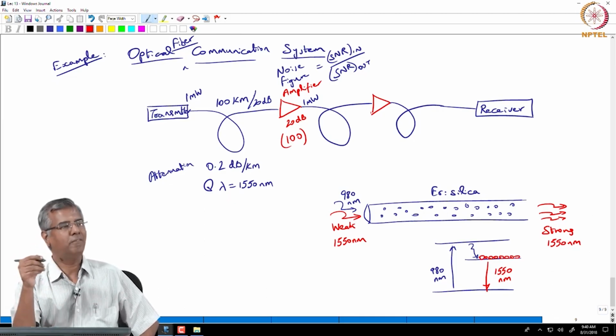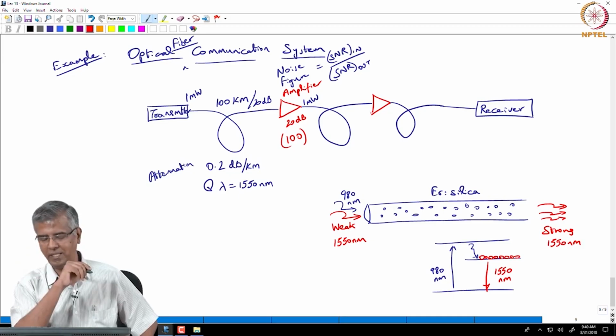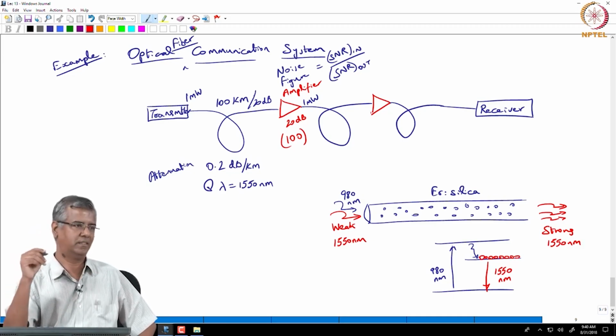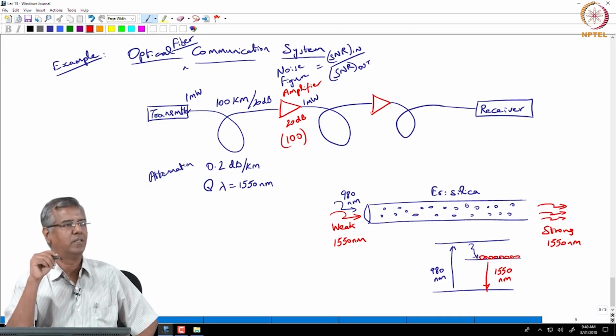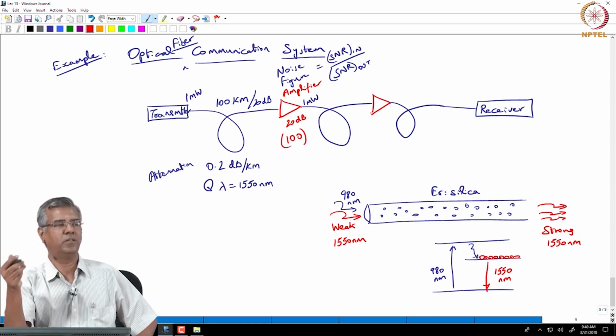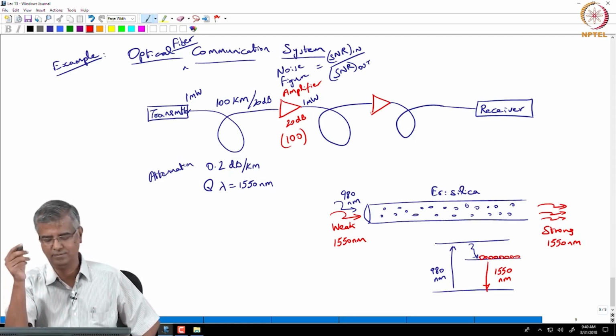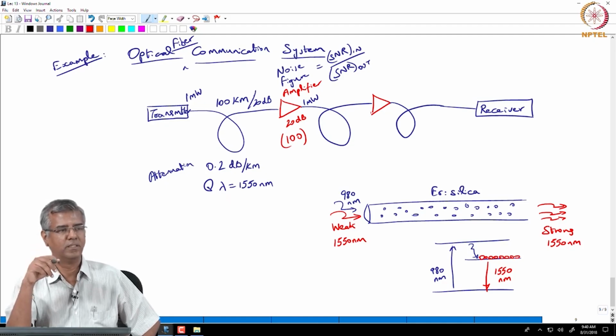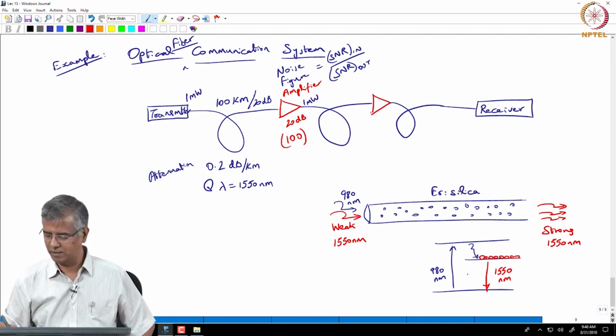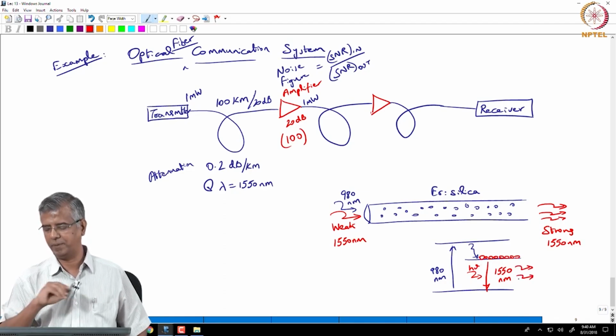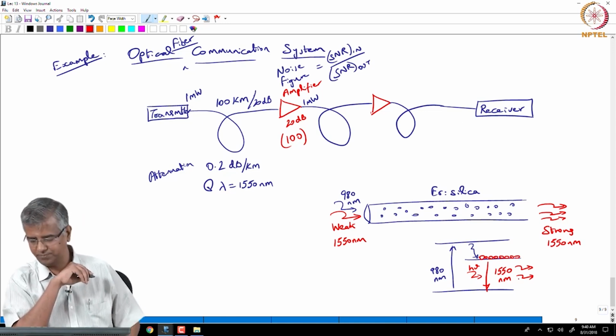To have that many ions at the higher energy level, you need to excite all these erbium ions, and to excite the erbium ions we are feeding in 980, right. So, hope that is clear. So, this is h nu at 1550, and then we are getting this amplification happening through stimulated emission.